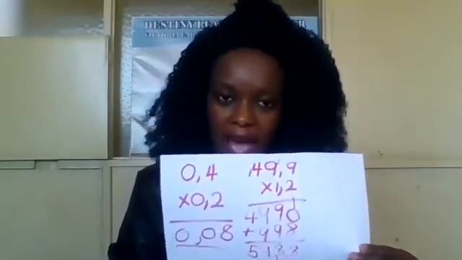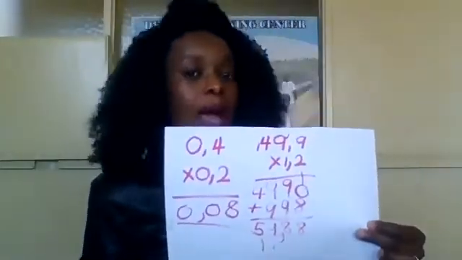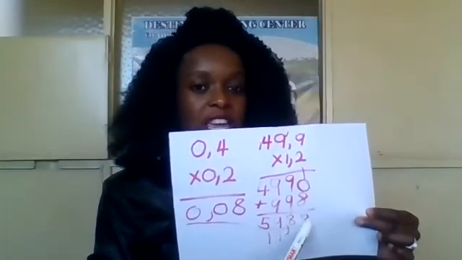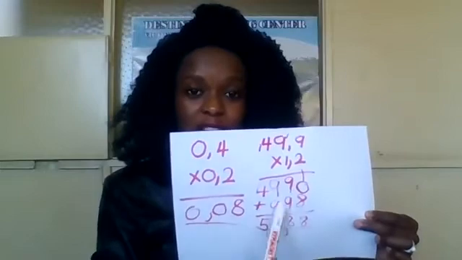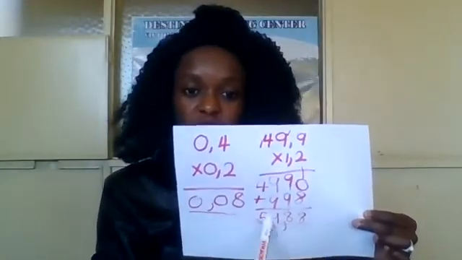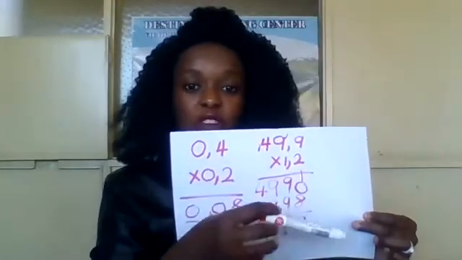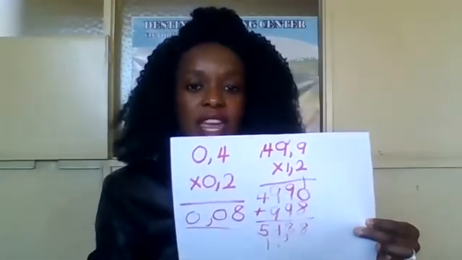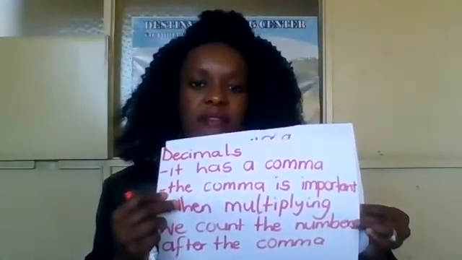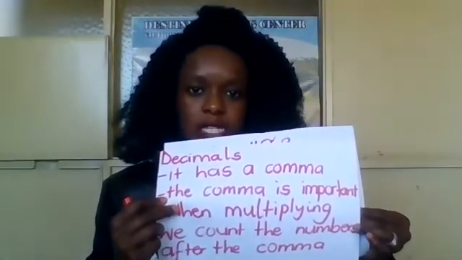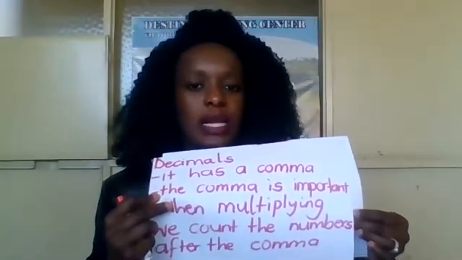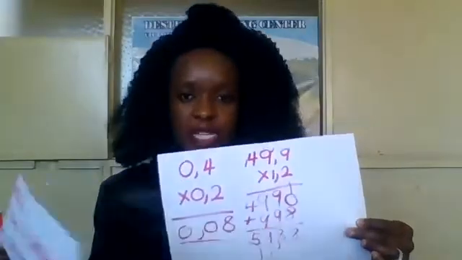If you were to be asked to choose which amount of money you want, the 59,88 or the 5,988, you would choose the 5,988 because it's huge compared to 59,88, because this one is $59, while that one is 5,988. That's why we say the comma is very, very important and must be treated as such, especially when you are dealing with multiplication of decimals.